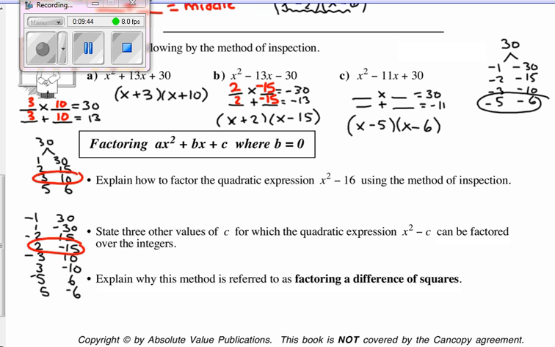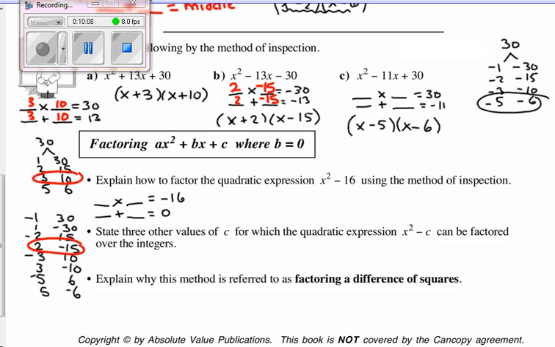Next, I explain how to factor the quadratic expression x squared minus 16 using the method of inspection. So in this case, we would want to multiply to, what's our last term? Negative 16. What's our middle term? 0.